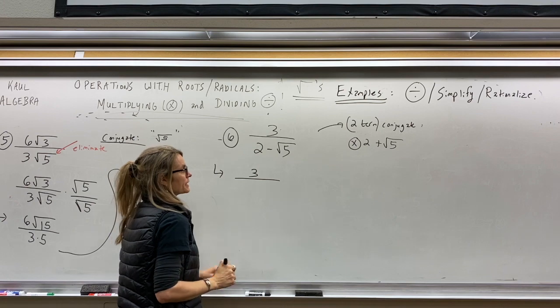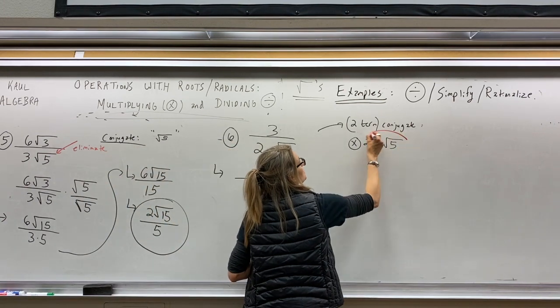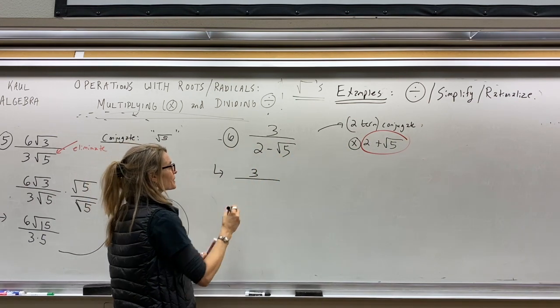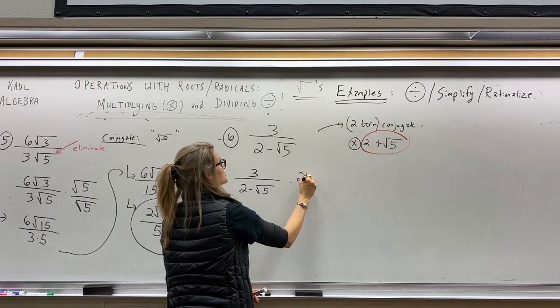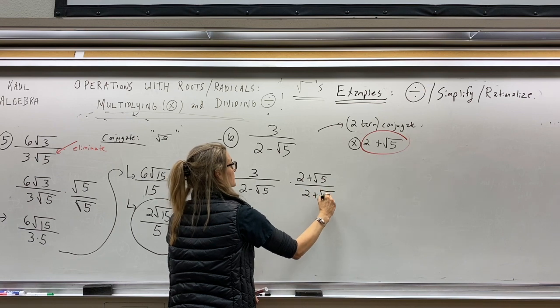So my conjugate here is this 2 plus the square root of 5. So I'm going to take 3 over 2 minus the square root of 5, times 2 plus the square root of 5 over 2 plus the square root of 5.